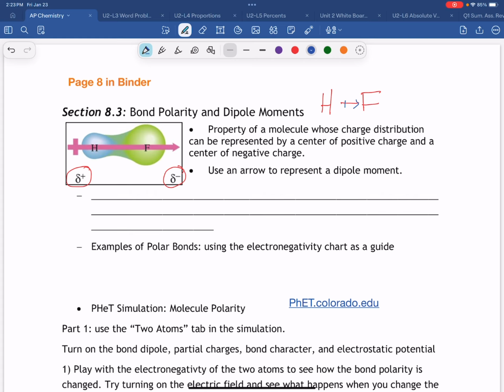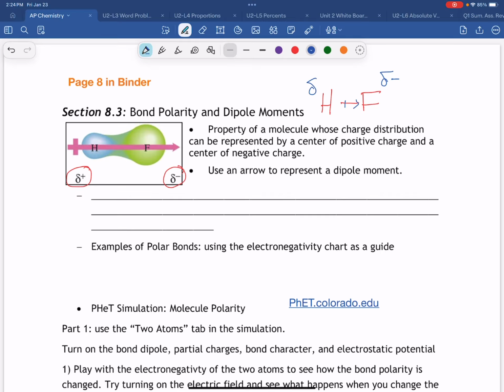And because it has a higher electronegativity, it has a partial negative charge. That little squiggly d is a lowercase delta. It's still a covalent bond, so the electrons are still being shared. It's not an ionic bond where they get completely transferred over. But the electrons are closer to the fluorine than the hydrogen.